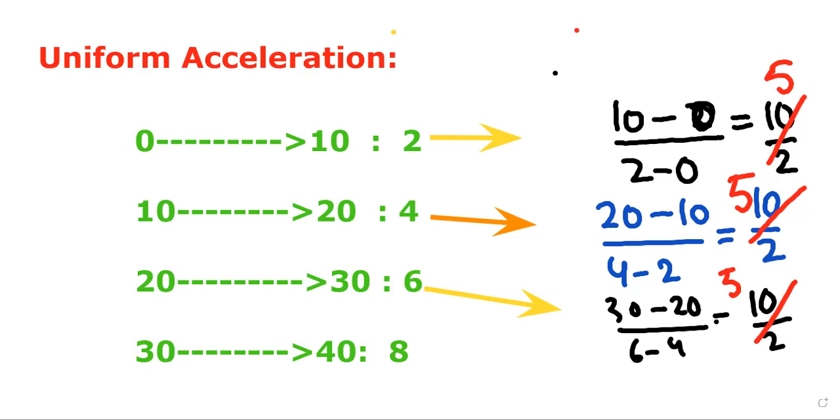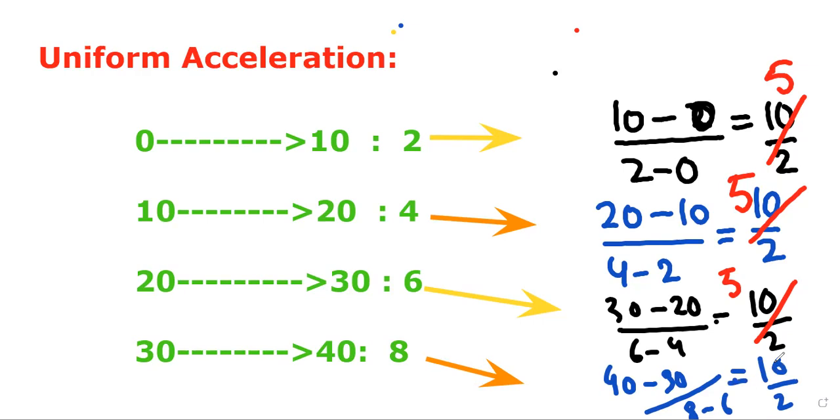Again 5. For the next interval, 40 minus 30 divided by 8 minus 6, it would be 10 over 2, and it would become 5.